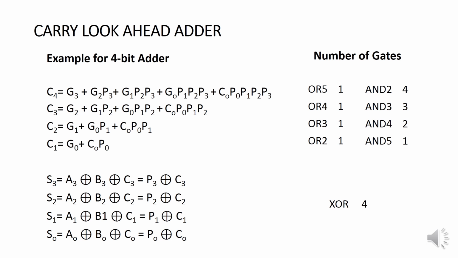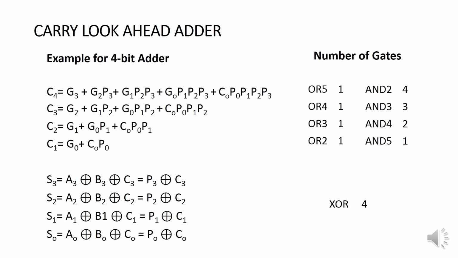So, as you can see, with these equations we can look ahead and calculate the carries in parallel without waiting for the carries to be generated in series. Therefore, with this strategy, to get the sum, we do not have to wait for the successive carries to be generated.